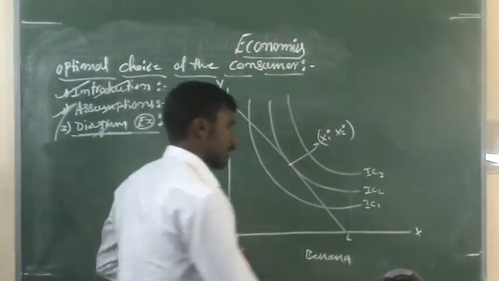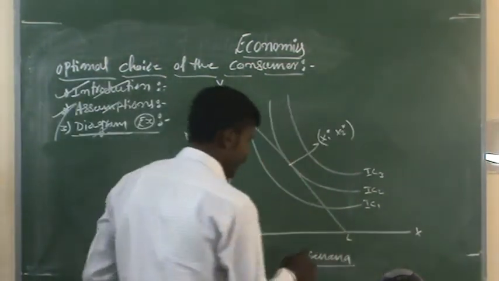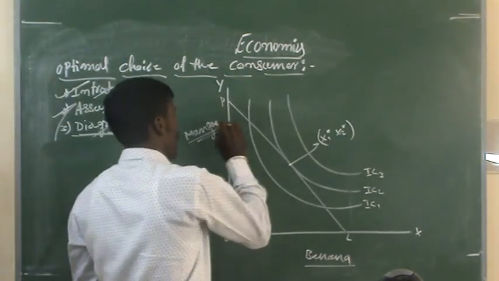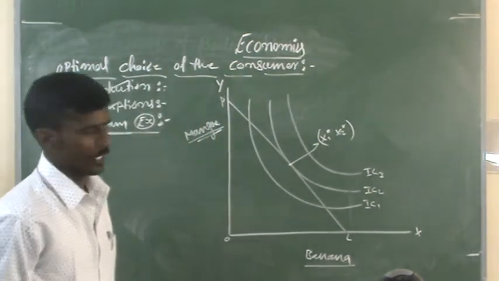See students, in this diagram x-axis represents the quantity of banana, and y-axis represents the quantity of mango.